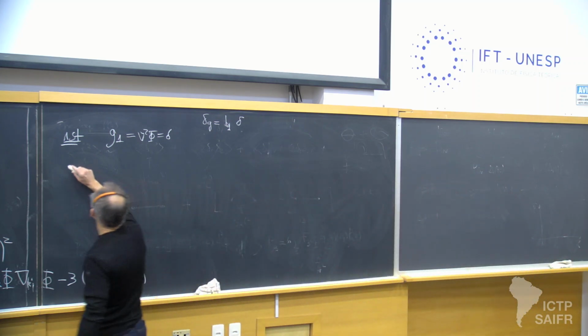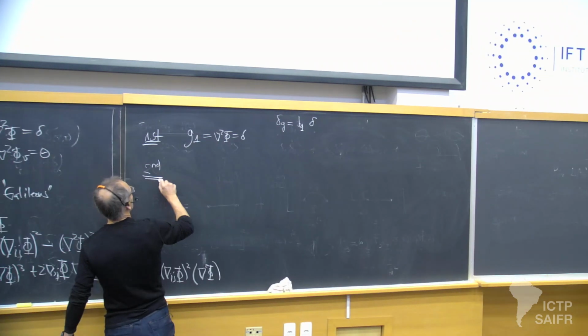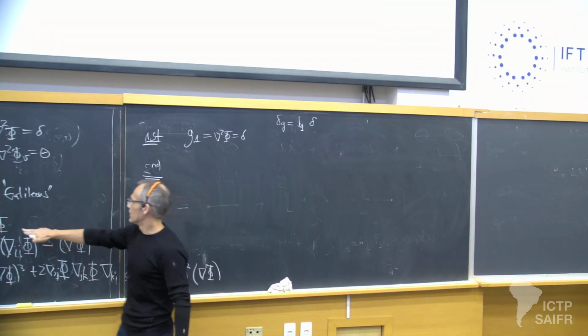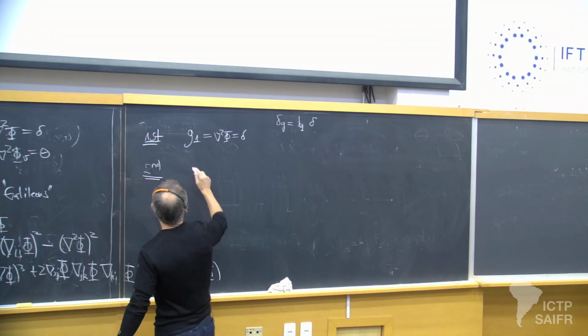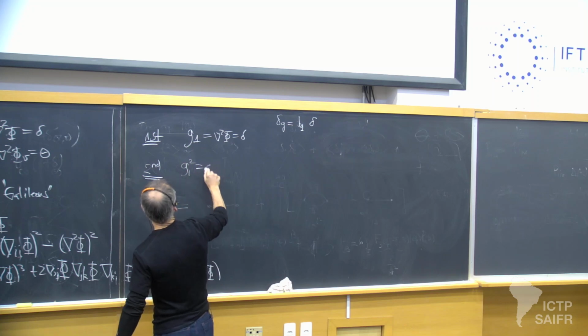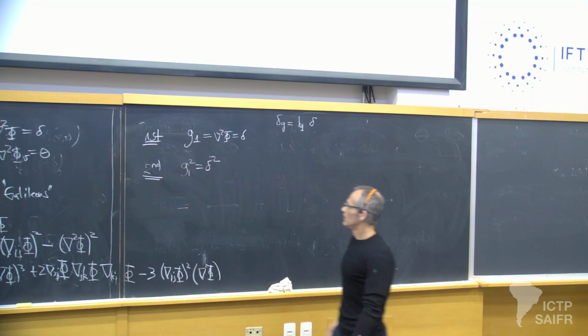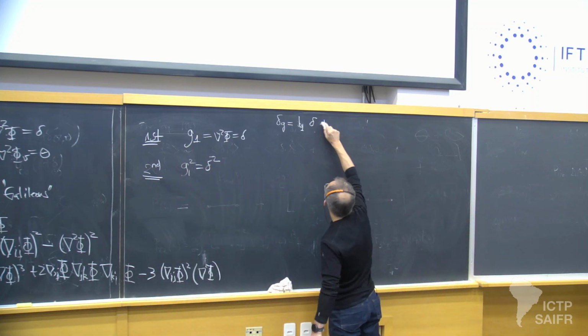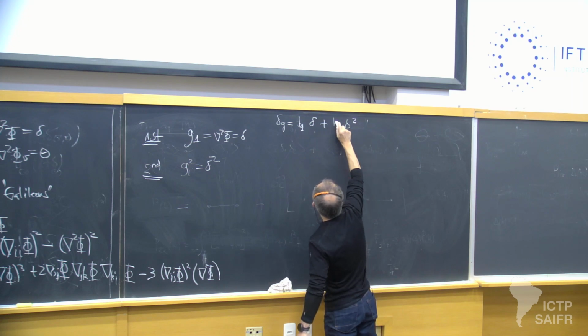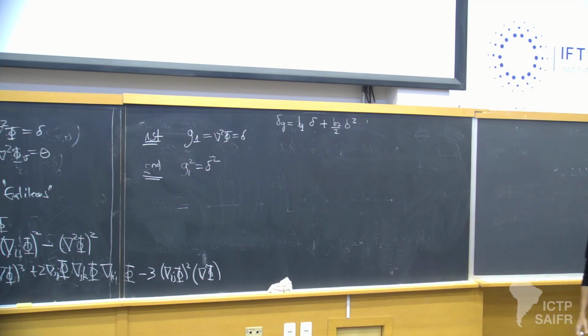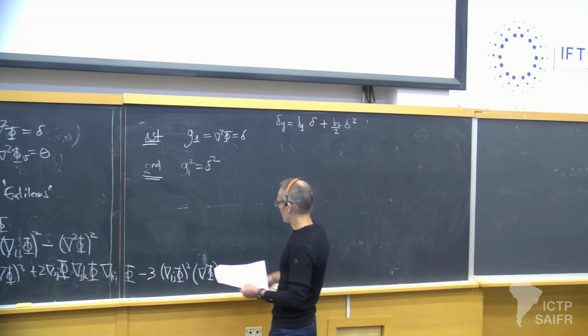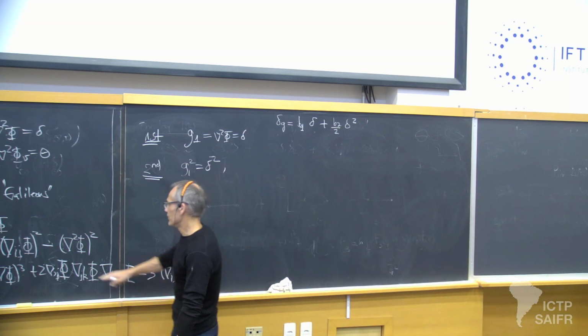To second order, right? Then I can do the square of this, G1 squared, which is delta squared. So now I have to add here delta squared, and the coefficient is called b2/2. Sorry for the factor of 2. Not my fault. And then we can do this guy, G2.